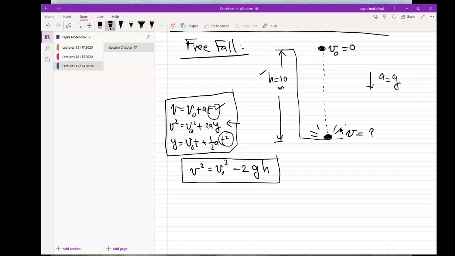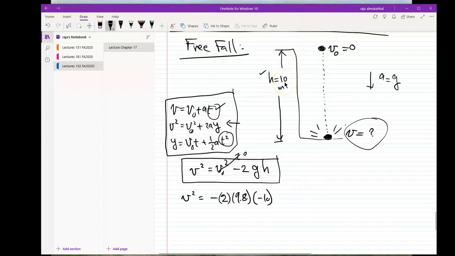Now, if I want to know the velocity just before it hit the ground, starting with V naught equal to 0, V squared is equal to minus 2 times 9.8 times negative 10, because you're measuring height from here, so anything below it is negative.